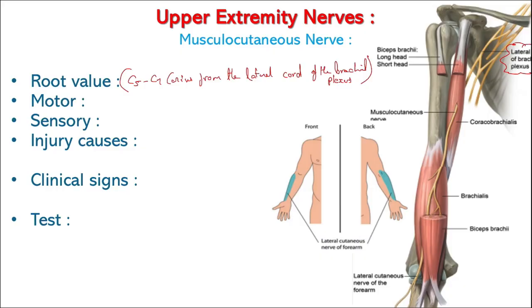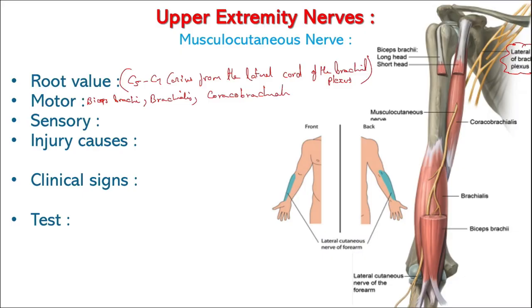Now if you look at the motor function, it mostly innervates some muscles: biceps brachii, brachialis, and coracobrachialis.